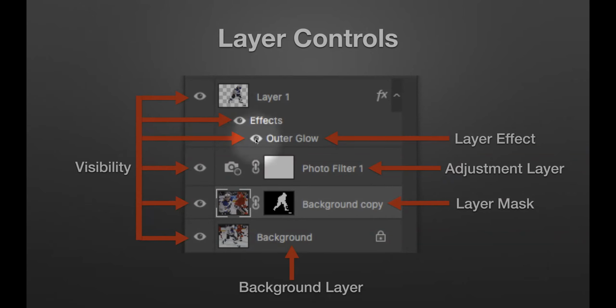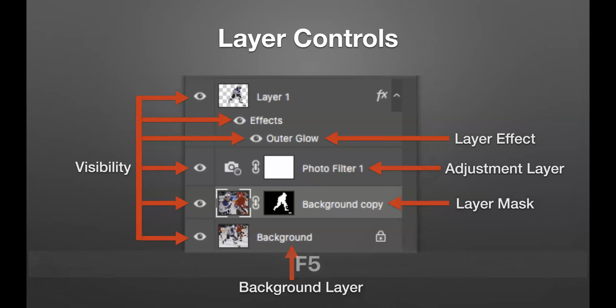And this one is one specific layer effect, the outer glow that sort of puts a glow around our pixels here. So I could turn this one off, but leave other effects on. There aren't any in this case. So the eyeball does the same thing wherever it is. It turns on or off the visibility of a specific element. One effect, all the effects, the entire layer.